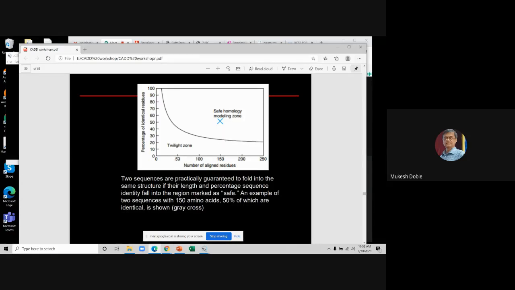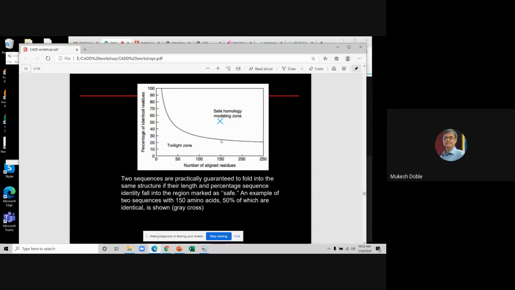Only if you are aligning a very low number of residues, say comparing only 50 residues between protein A and protein B, then we need more than 40, 45, 50%. But if you are comparing more than 100 or 150 residues, even 30% identical residues is enough, and we can use the 3D structure of the other protein to build the 3D structure of our protein of interest.